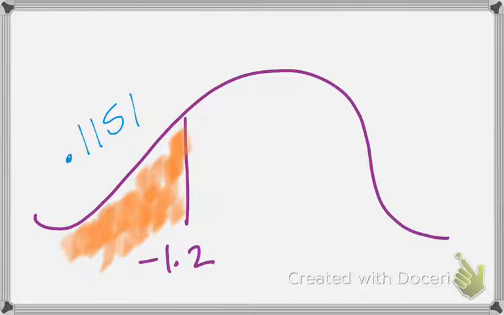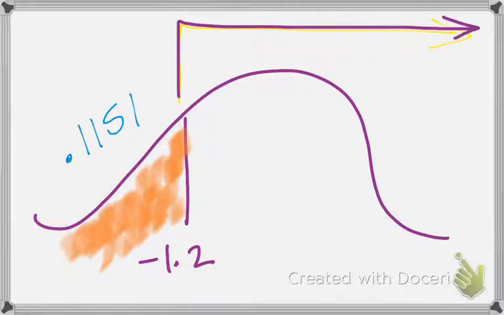The question, however, as you recall, is asking you how many people have child care costs that are greater than $7,600. So greater is over here to the right, right? So what the question is really asking us for is how much area is on this side of 1.2. But that's okay.